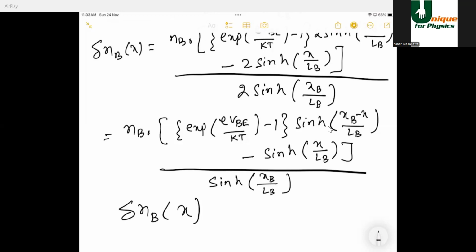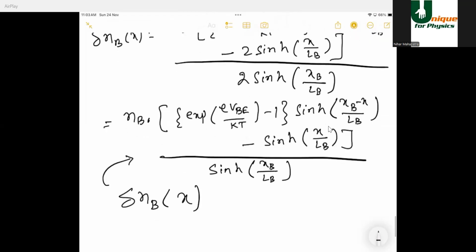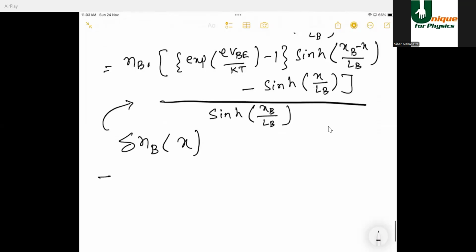This is the expression for delta nbx, that is for the excess minority carrier electron concentration in the base region. But with an approximation, for example, if you consider the neutral base width, which is xb, is very less than Lb, that is the diffusion length, till what distance it can penetrate in the base region. And of course x at any point, because the base width varies from x equal to 0 to x equal to xb.